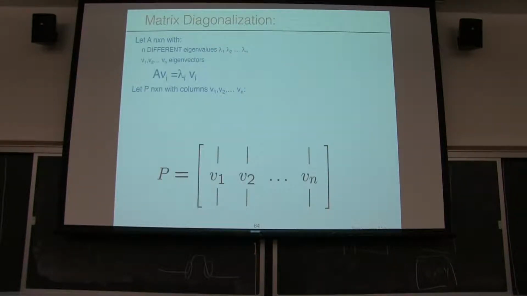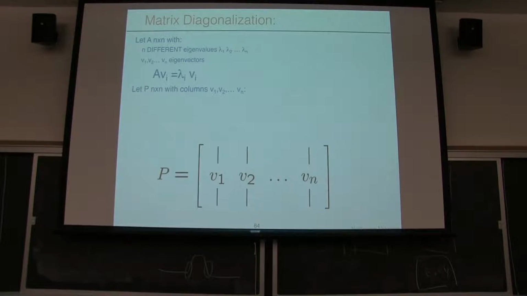All right. Now, let's diagonalize. I have a matrix P that's n by n. It doesn't have to be 2 by 2. In our case, we're going to be 2 by 2, but in general, n by n. I have the columns of this matrix, which I'm going to call vector 1, vector 2, vector n.